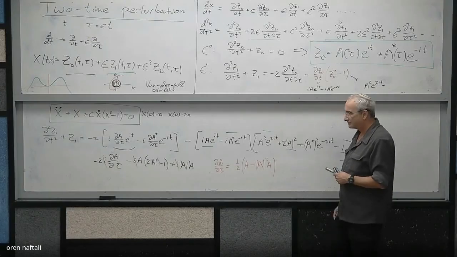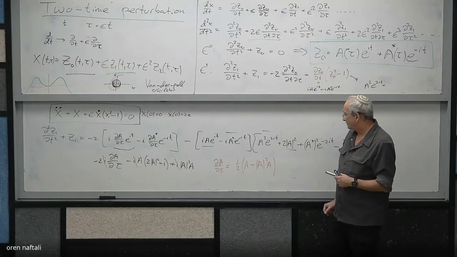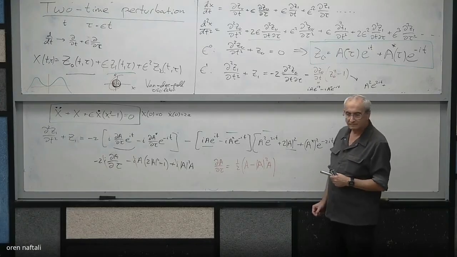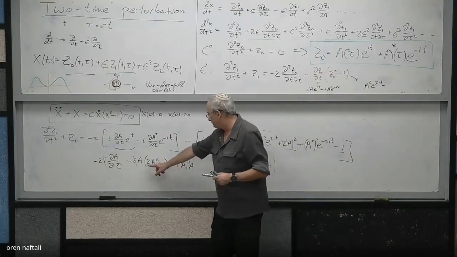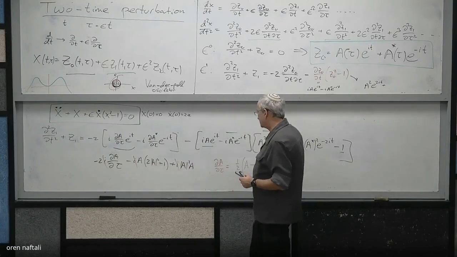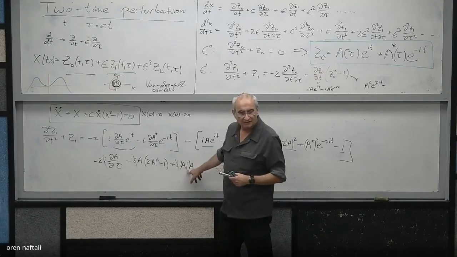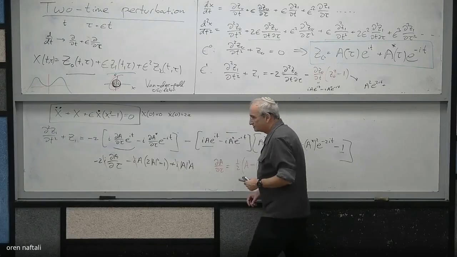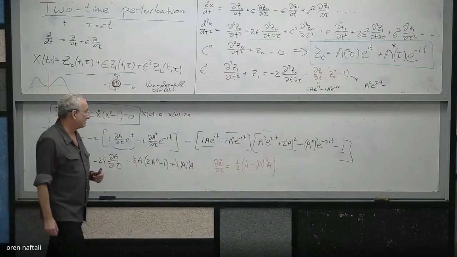Am I right? No, there are two here and one here with opposite signs. Yeah. Okay? So yes, this is that.